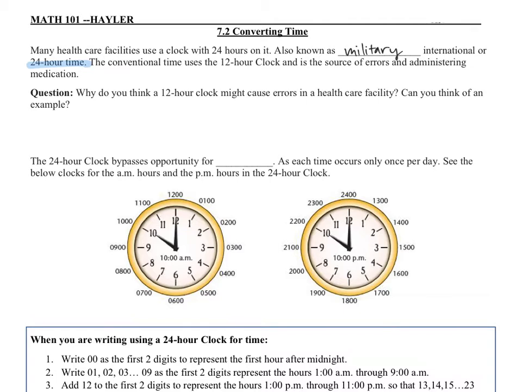So here's a quick question. Why do you think a 12-hour clock might cause errors in a healthcare facility? Can you think of an example? Go ahead, pause and think for a moment why there might be problems. Well, here's an example. Let's say you see on a chart that a patient needs their medication at 1 o'clock.